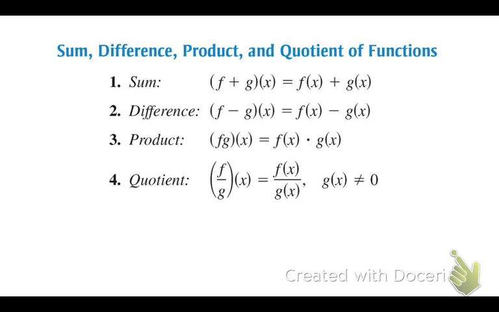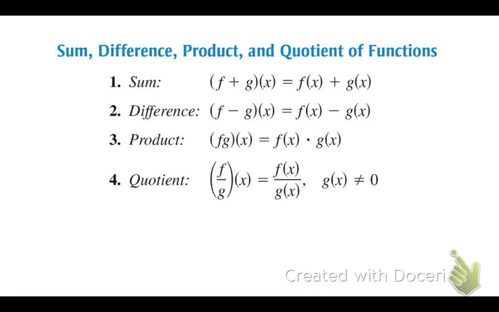Okay, this is just function notation. I can write it as f plus g of x, or I can write it f of x plus g of x. I could ask you the same question either way. I can say f minus g of x, or f of x minus g of x. I can do fg of x, or f of x times g of x.